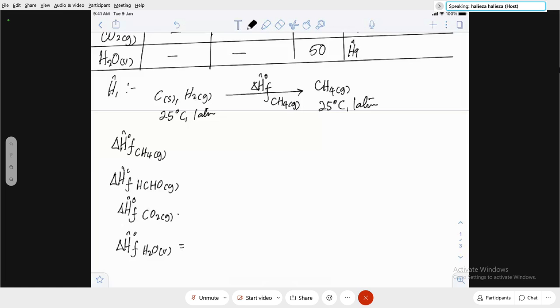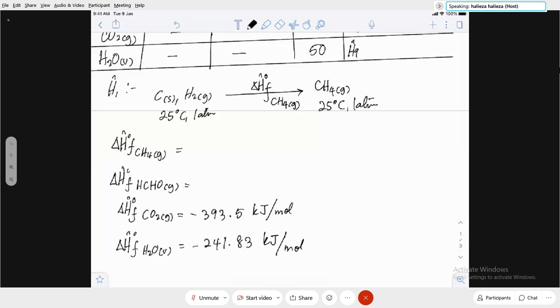Previously we did the one for water, so I still have the value over here. It's negative 241.83 from the previous example. For carbon dioxide, also the same, negative 393.5, which we got from the previous example.